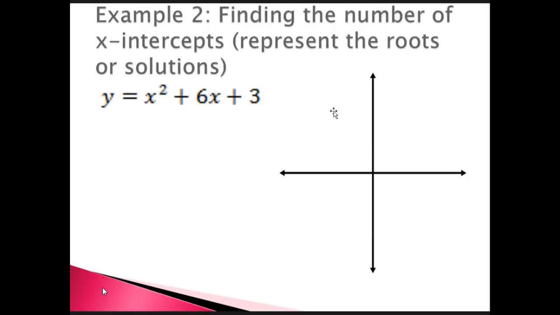So in this example here, the next three examples are all going to have vertexes that go through -3. We're going to find our discriminant. So I'm going to do the discriminants in red and then the graphing in blue. So the discriminant is b squared minus 4ac.